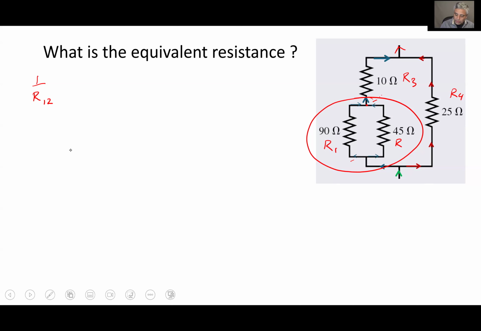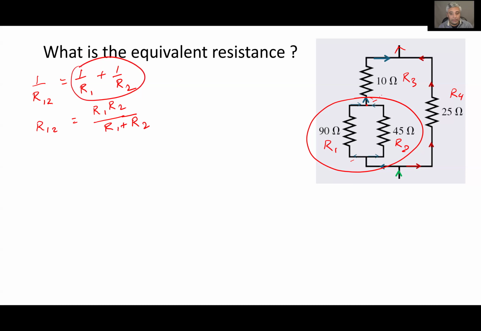So that way I can write this, okay? And so that R12 becomes R1 R2 over R1 plus R2. So adding this fraction and then flipping it, because R12 is in the denominator over there, gives us this.